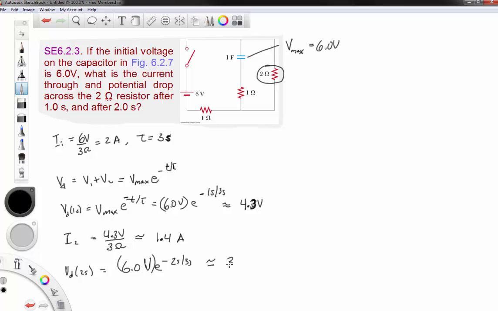So we'll round that to 3.1 volts. And so the current through the resistor now would be 3.1 volts divided by 3 ohms. And so that is approximately 1.02, so 1.0 amps.